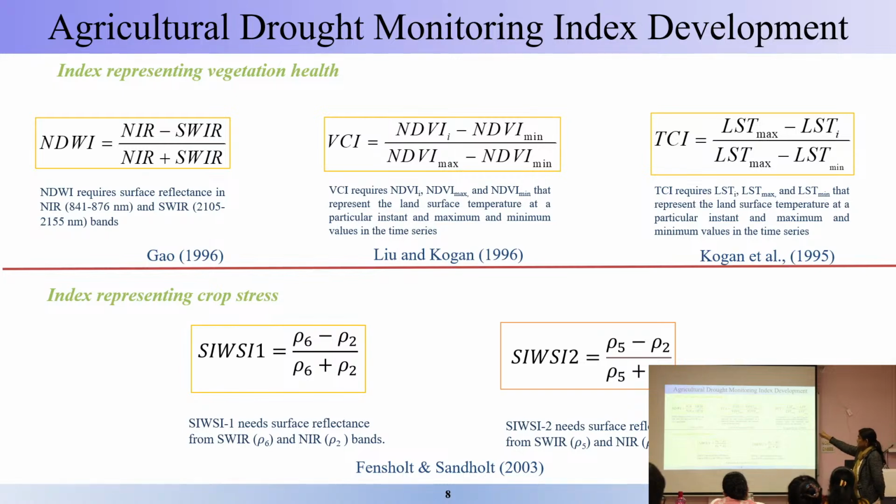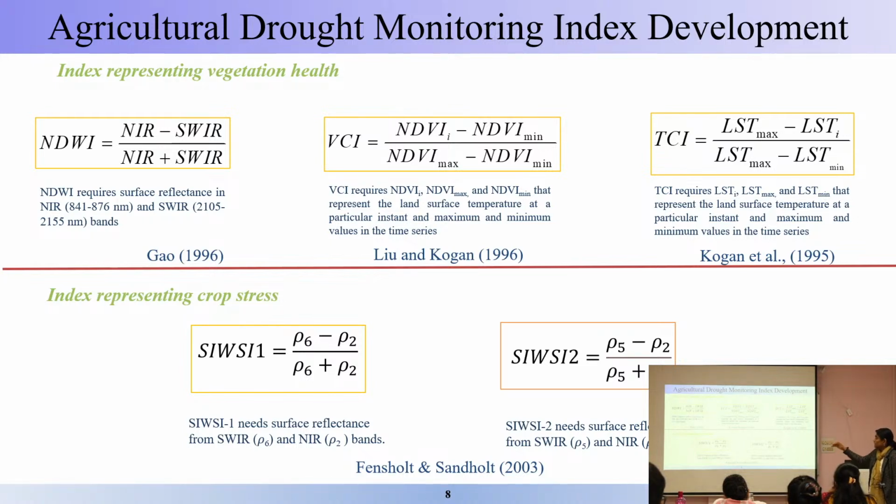Then for NDVI and all, we can use the brightness temperature or data from surface reflectance, whichever is good, like that we can choose. So that way for this index representing vegetation health, we have 3 choices.